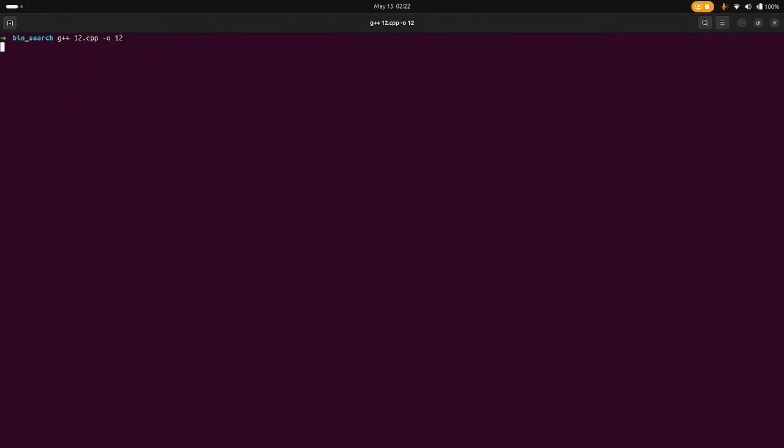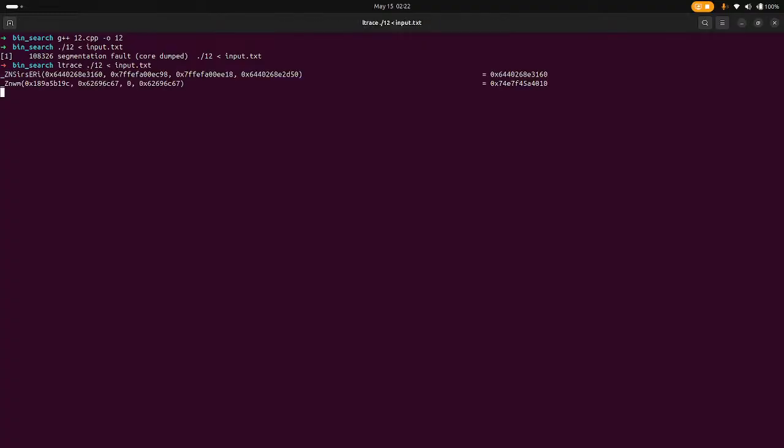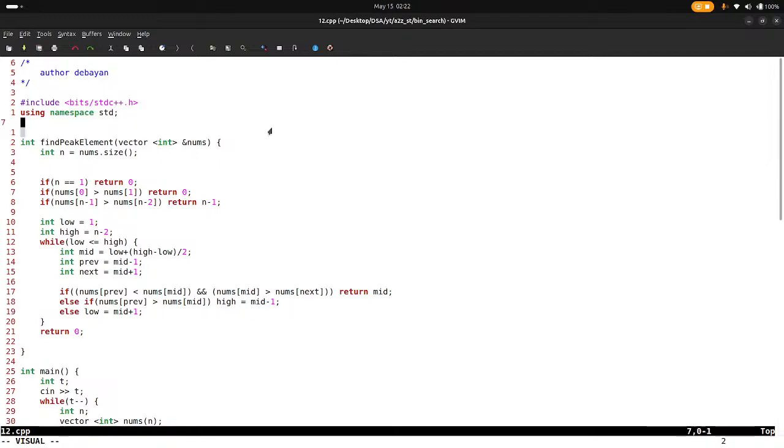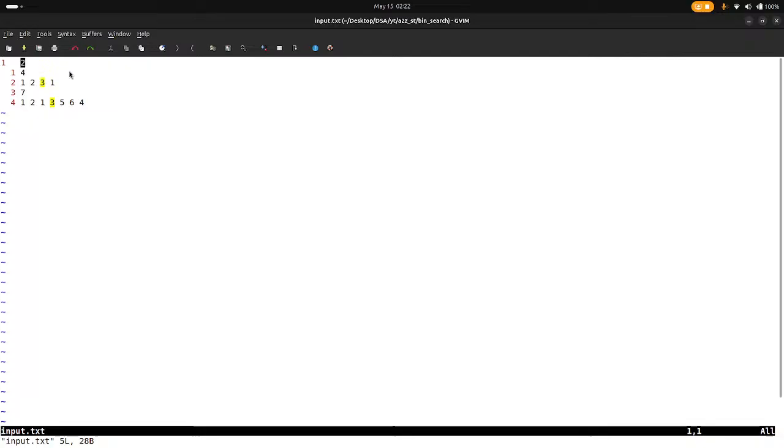You have seen I have written 12 cleared. Dot slash 12. Yeah, I am now getting a segmentation error. So let me do ltrace dot slash 12 dot c. So yeah, I'm getting some error for seven test cases, 1, 2, 3, 4, 5, 6, 7. Makes sense.